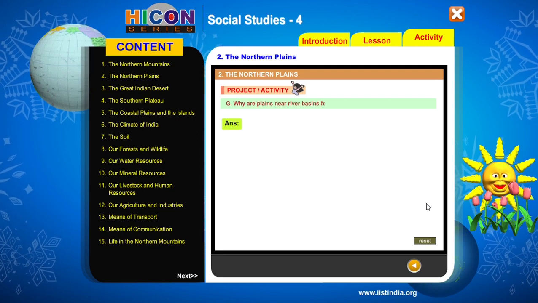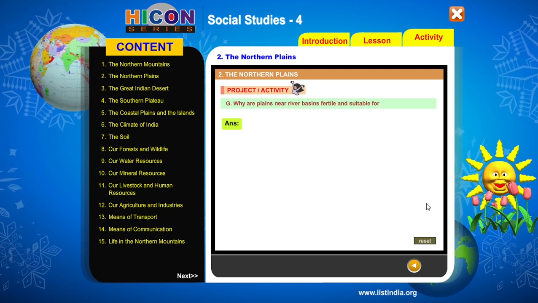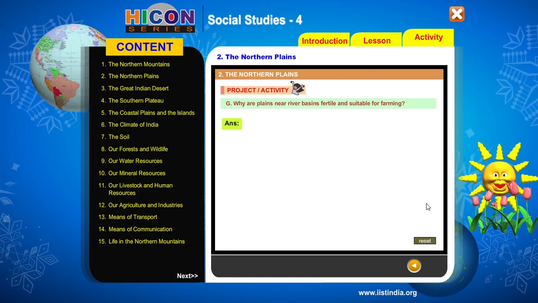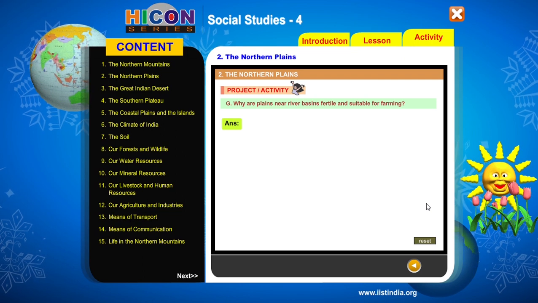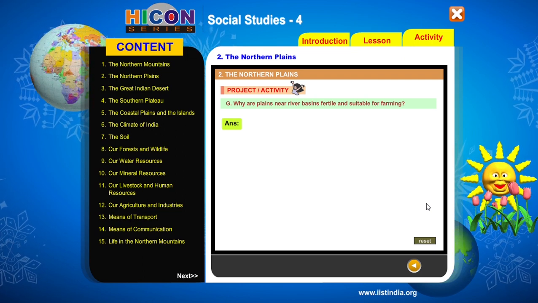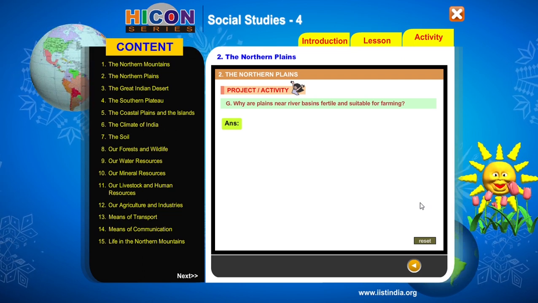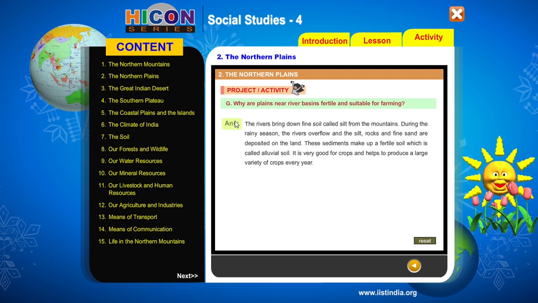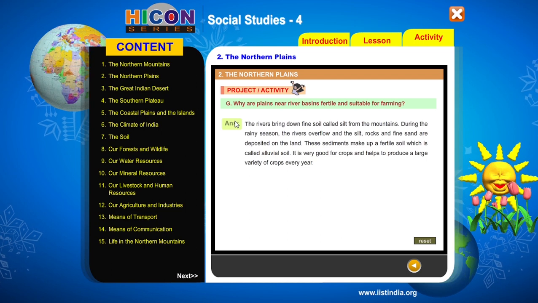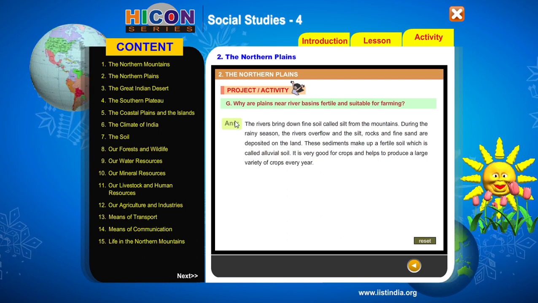So the next question, why are plains near river basins fertile and suitable for farming? Why are the river plains or the plains near the river basins very fertile and suitable for farming? The answer, the rivers bring down fine soil called silt from the mountains.